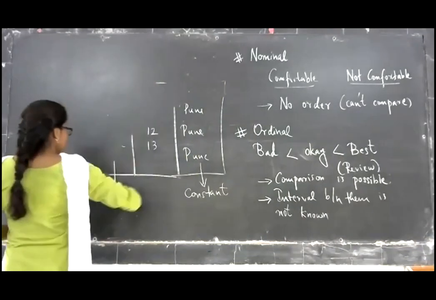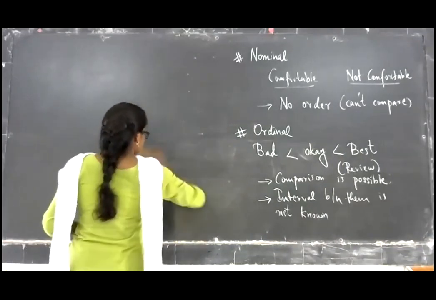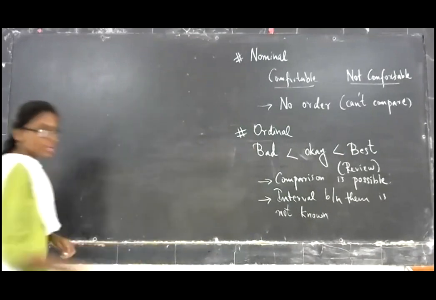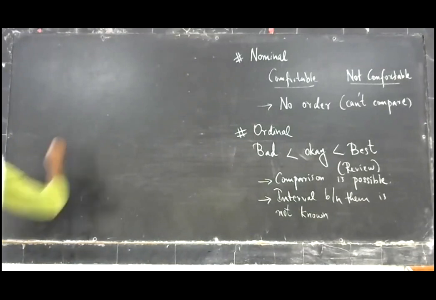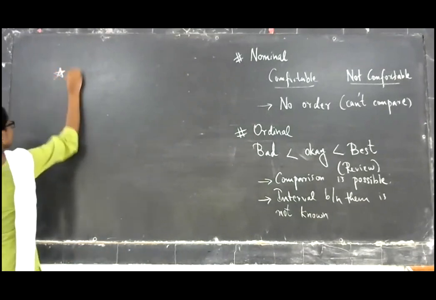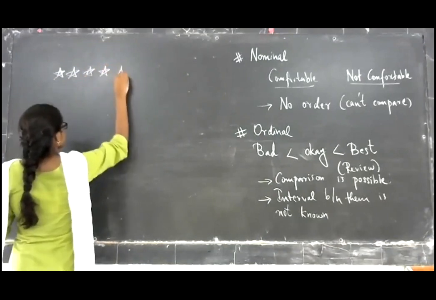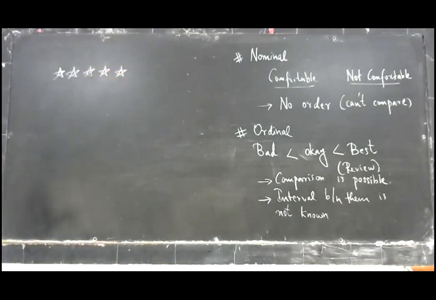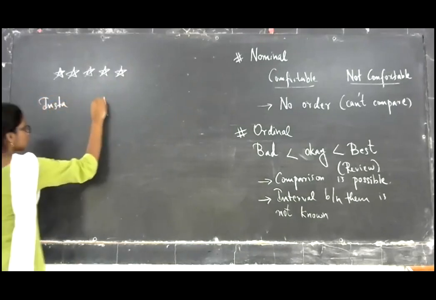Now the last one. This is a review with words. In the Google app, you might be having stars, right? 1, 2, 3, 4, 5 stars. In 5 stars, a particular app, say Instagram, has got 4 stars.